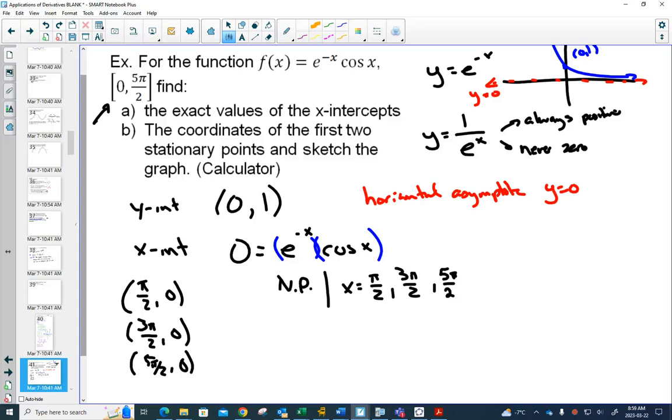But it's kind of weird because there will be an infinite amount of x-intercepts as well. We'll look at Desmos after. There's some fascinating stuff that's going to go on with this graph. But we're only graphing it between 0 and 5 pi over 2. So the exact values of the x-intercepts, we've done that. The coordinates of the first 2 stationary points and sketch, we're going to do that.